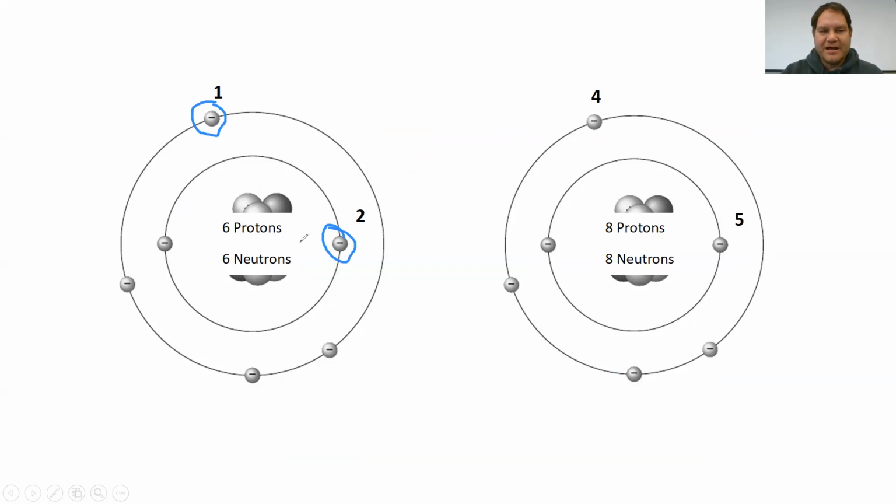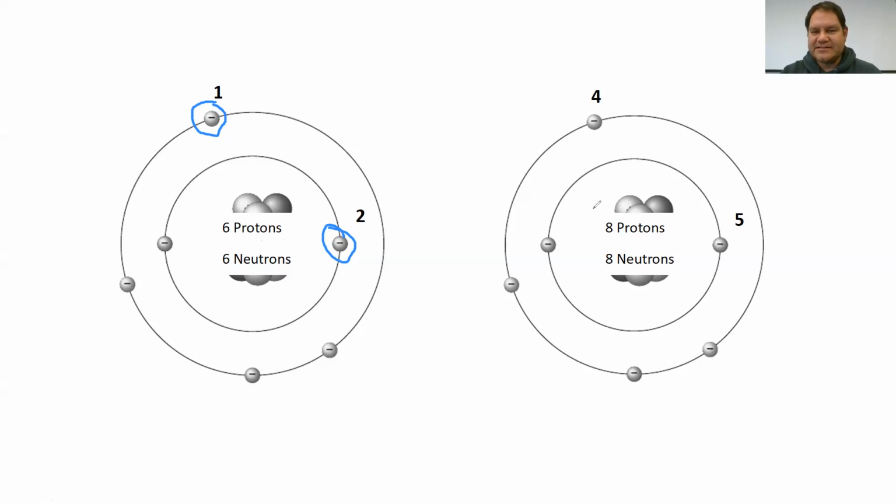Well, I would say electron 2 would have the greater attraction, because electron 2 is closer to the nucleus than electron 1. And again, that goes along with Coulomb's law, right? As the distance between the electron and the protons increases, the electrostatic attraction diminishes and goes down, okay? So electron 2 is more attracted to the nucleus than electron 1.